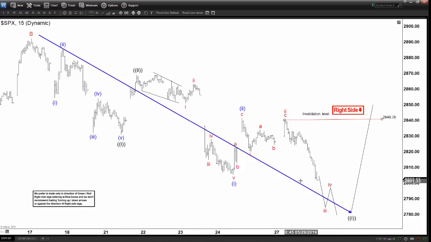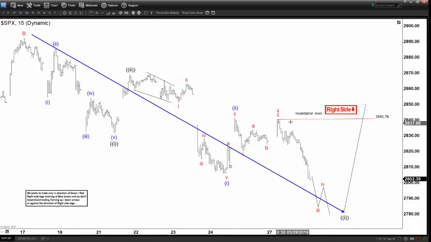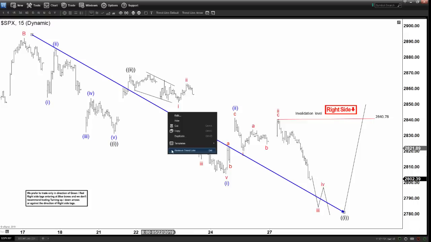But again, in the shorter cycle, there's always a couple of different possibilities in terms of how you want to call it, right? And the most important level remains this B instead of this one. But if this is a nest, then yeah, any bounce should fail below here, and then continue to see further downside in the S&P.